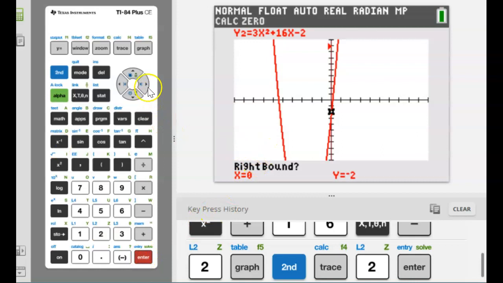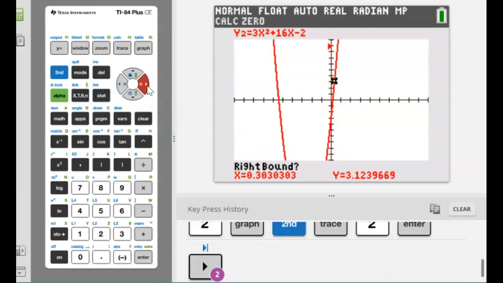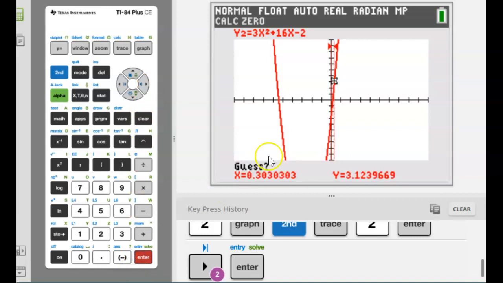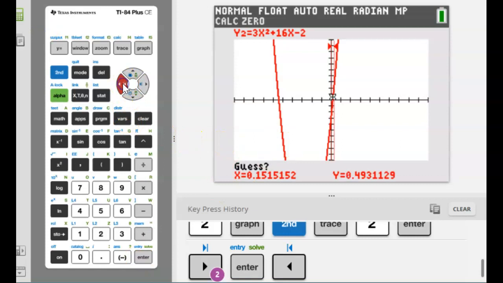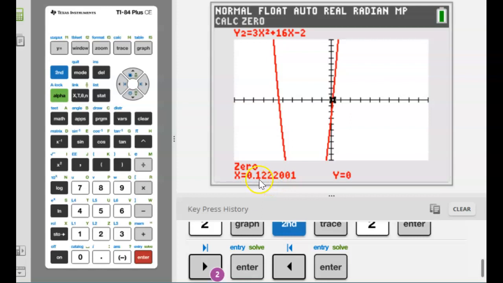So we move our cursor to the right of where we think the answer is. You don't have to be super exact. You're just giving it a window to find. Then it's going to say guess. So now I just move my cursor where I think it is, as close as it'll go. It doesn't matter. And you hit enter again. It's going to tell you. In the AP, it's 3 decimal minimum. So I would write 0.122.